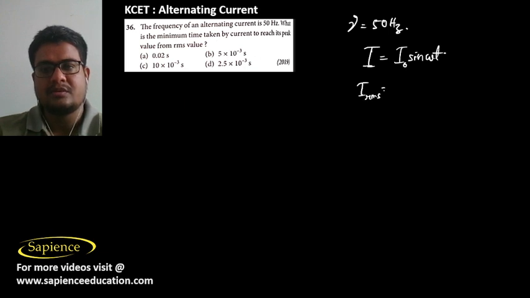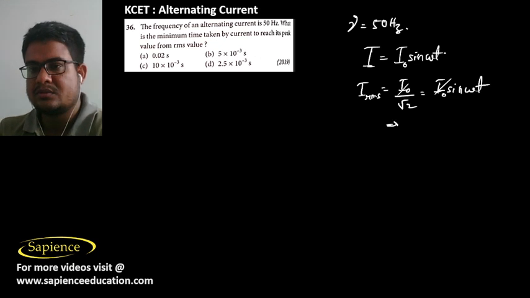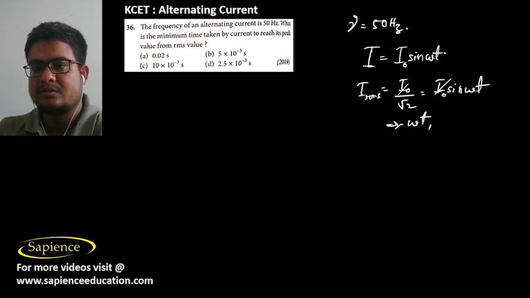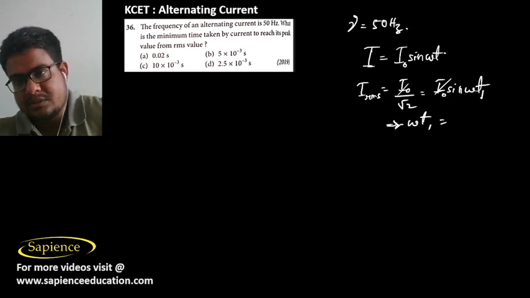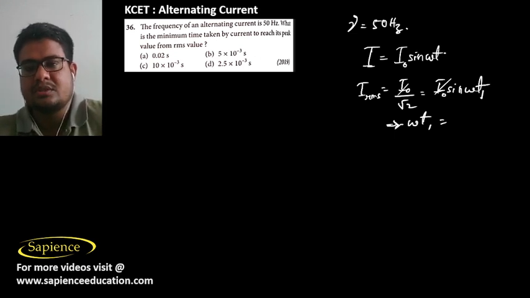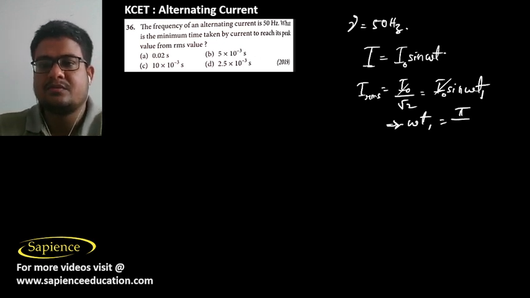Let's suppose the current is I naught sine omega t. Its RMS value is I naught by root 2, which is reached at time t1. That will be equal to I naught sine omega t1. So omega t1 is sine inverse of 1 by root 2, that is pi by 4.